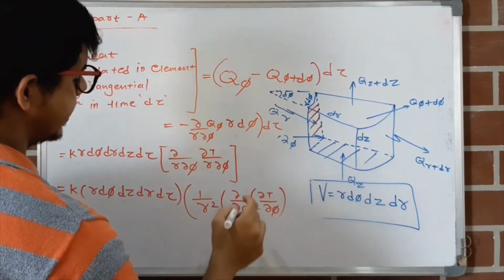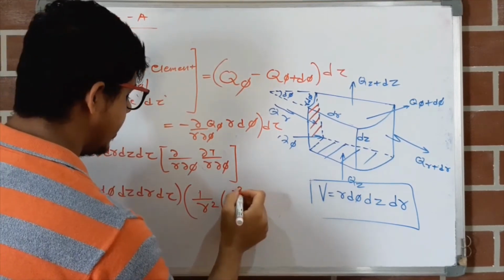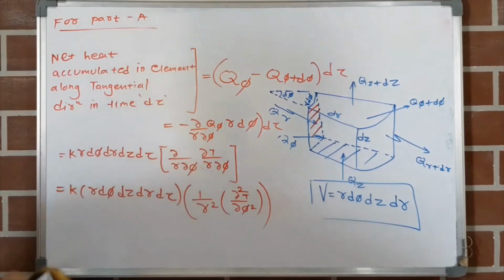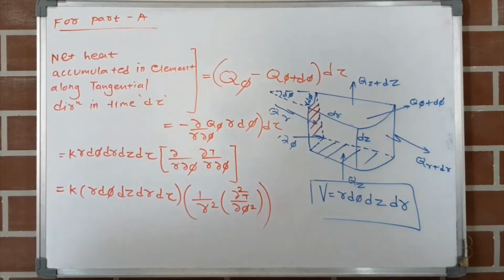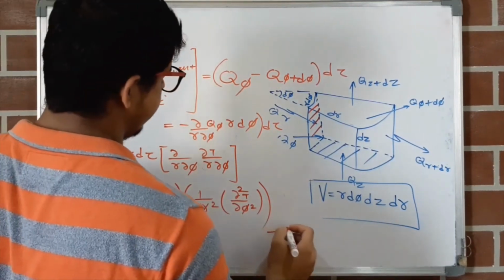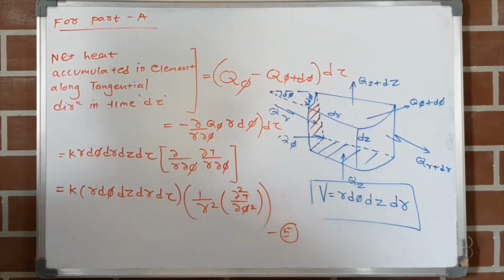So this is del square t by del phi square. Okay, so this equation which we are getting, that is k R d phi dz dr d tau into 1 upon R square into del square t by del phi square. Okay, so this equation is equation number 5. So this is the equation of net heat accumulated in the element along tangential direction in time d tau.